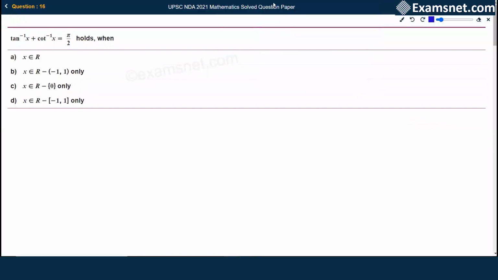In question number 16, it is given that tan inverse x plus cot inverse x equals pi by 2 holds when x belongs to what. Now we are going to check the domain for x.